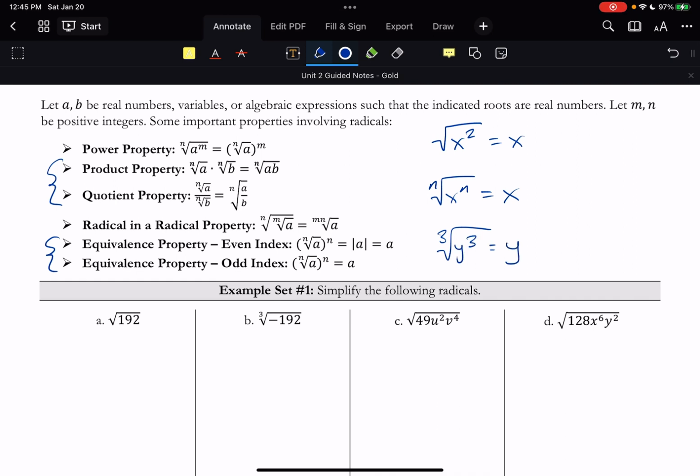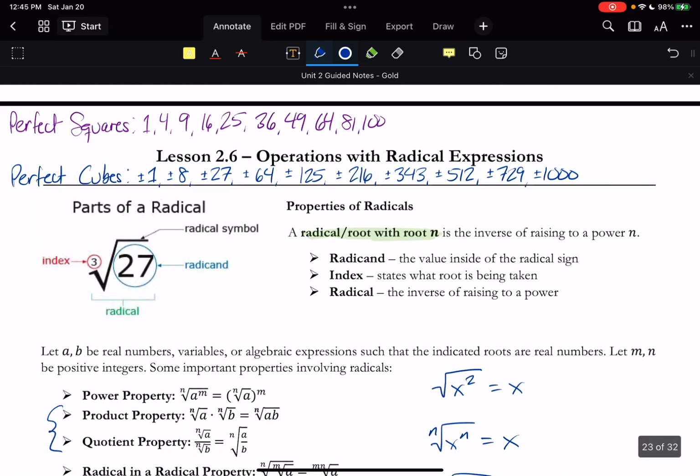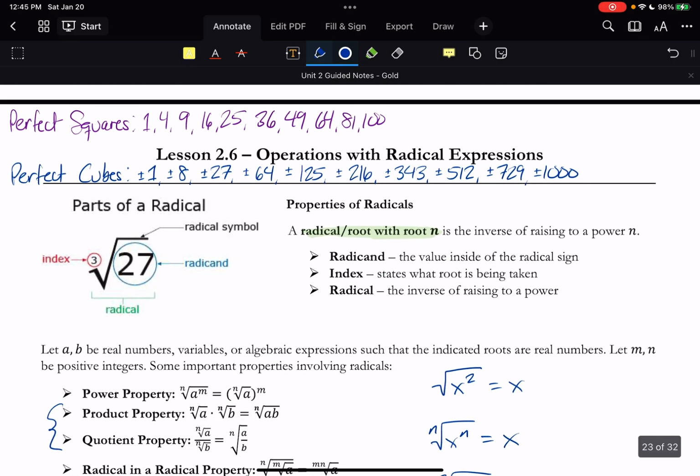So when we go to simplify these single expressions with variables, we're basically trying to find how many sets of the quote-unquote index that we have, like how many pairs if it's the square root, how many triples if it's the cube root. And when we simplify radical expressions, we're looking for these perfect square and perfect cube factors to see how we can simplify them down.